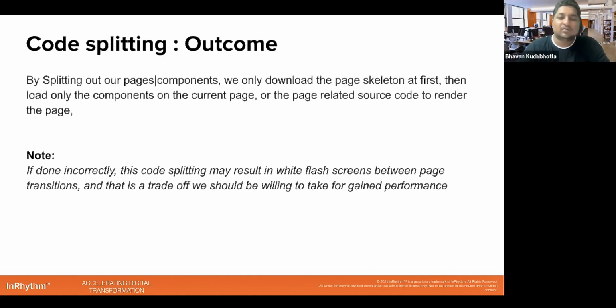That trade-off happens when you code split between pages or components while it's loading. If the file we are loading is super small, instead of 1 or 2 MBs, maybe 10 or 15 KB, it's quick to load, but at the same time there is a network delay that we'll have to deal with. That is a trade-off we should be willing to take for the overall gain in performance.